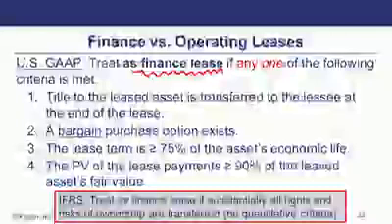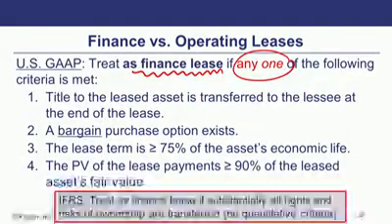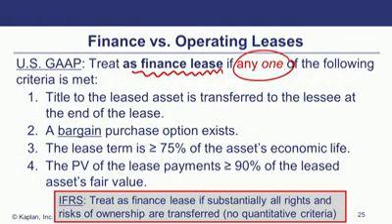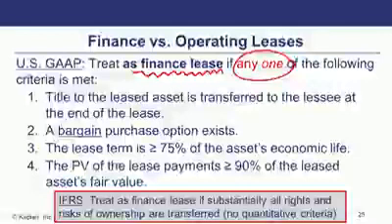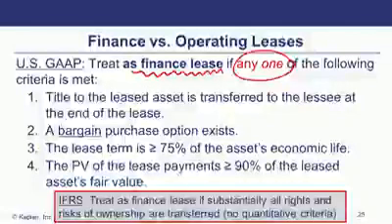Now, US GAAP says any one, not all of them, any one of the 4 criteria. Number 1, legal title of the asset transfers from lessor to lessee at the end. This is what we would describe in the UK as a hire purchase agreement. When you make your final payment under the terms of the lease, you become the legal owner of the asset. Number 2, a bargain purchase option exists.